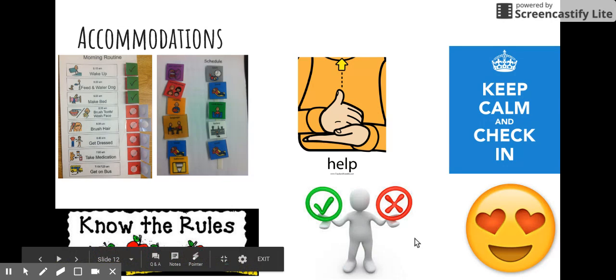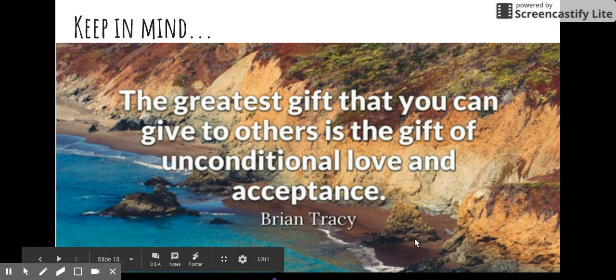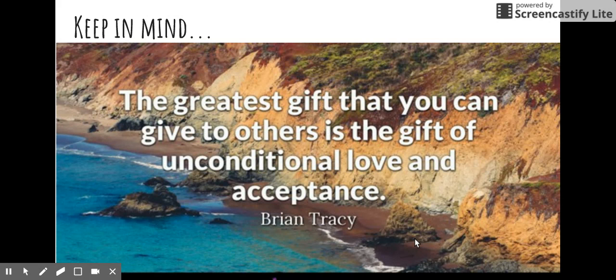So, today our quote is: the greatest gift that you can give to others is the gift of unconditional love and acceptance. And I think this is very fitting to talking about accommodations and how to provide what our students need in the classroom. Like I said, just love them, be there for them.